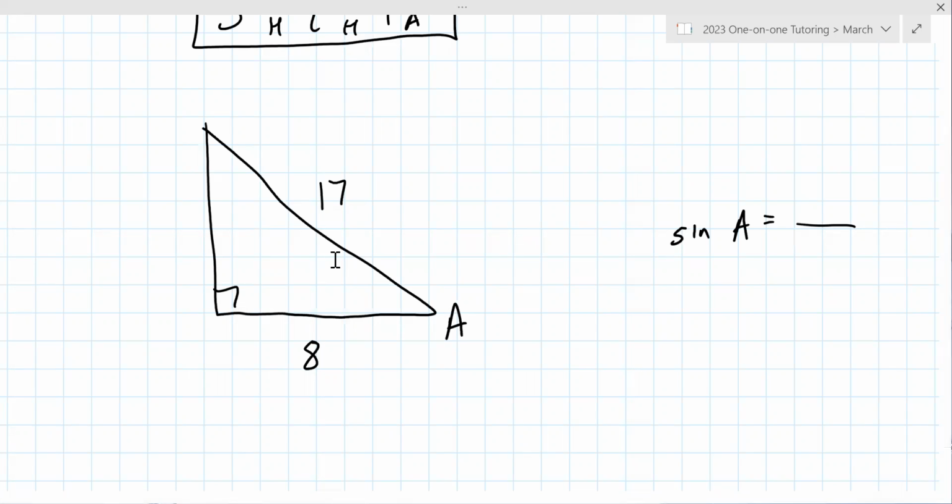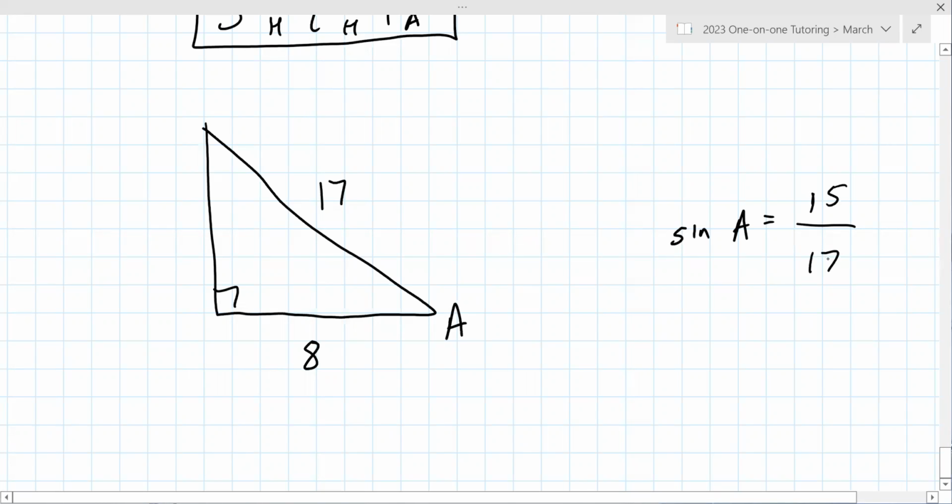So I know it's 15, and that would be 15/17. Very good. What is the cosine of A? Cosine would be 8/17. And how about the tangent of A? 15/8. Very good.